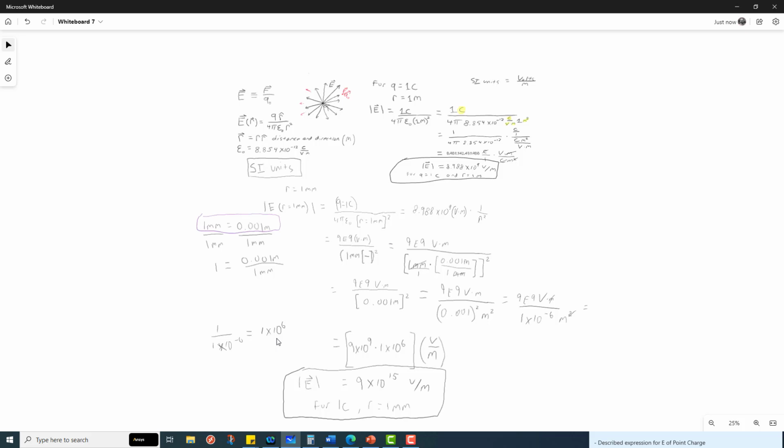Aside from the fact that we rounded to the first value to the left of the decimal point, the most striking thing that you'll see is that the magnitude between these numbers is so enormous. We've gone from on the order of 10 to the 9 volts per meter all the way up to 10 to the 15. So it's 6 orders of magnitude, which is really an enormous swing.